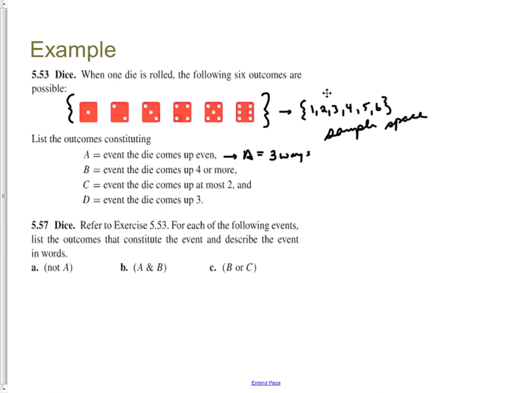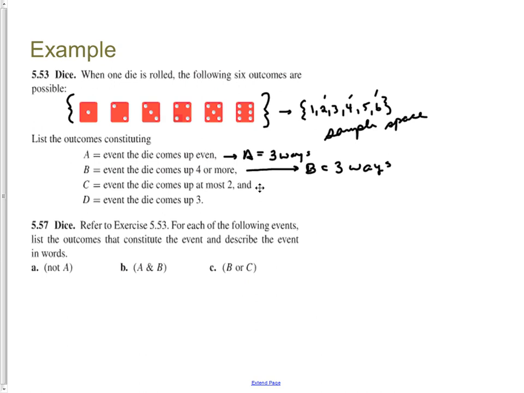There's 3 even numbers in the sample space. How about this one? The event B, the die comes up 4 or more. What does that mean? Well, the event B can happen in 3 ways also, because there are 4, 5, and 6. So there's 3 ways that we can get a die to come up 4 or more.